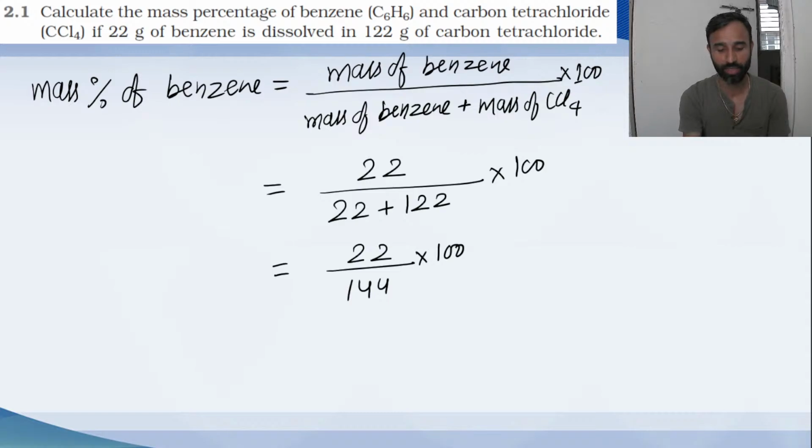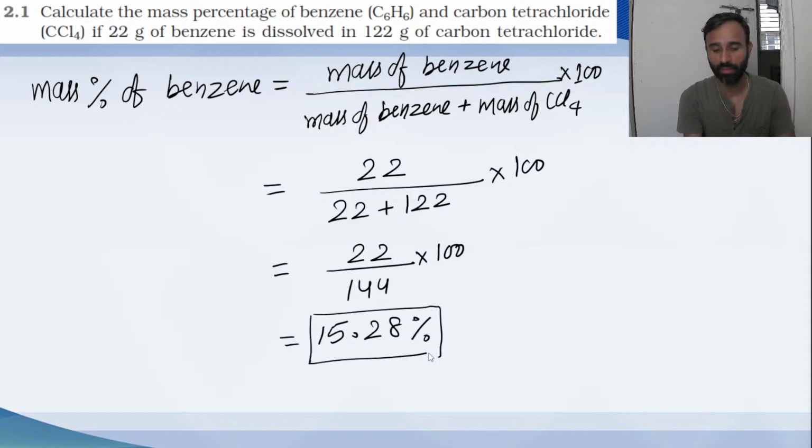Means it is 2200 divided by 144. That is 15.28%. This is the mass percent of benzene.